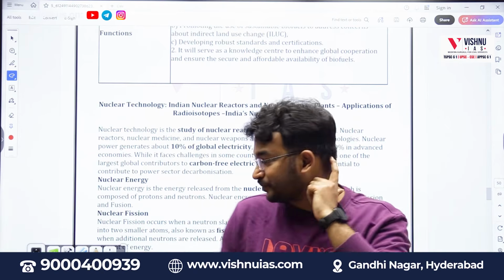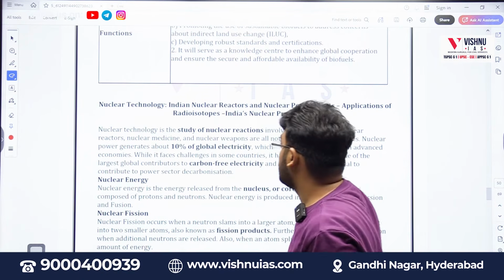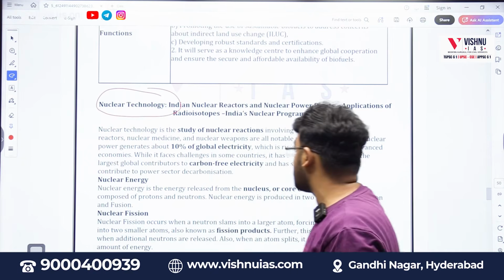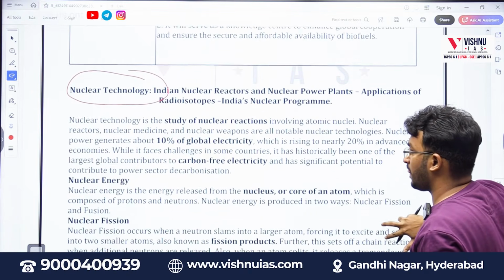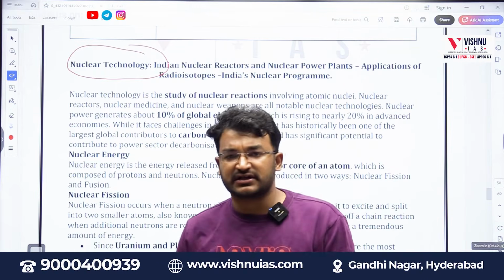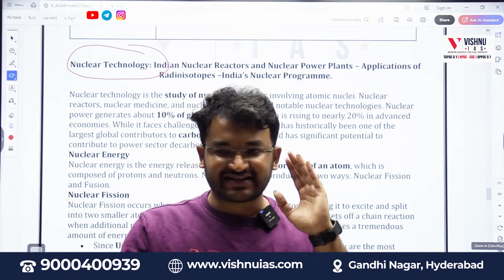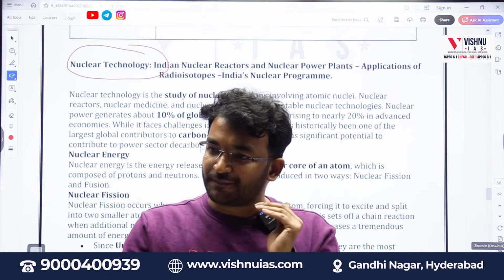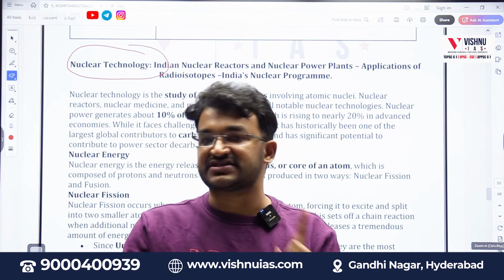So, the chapter which we are discussing is nuclear technology in the larger energy management chapter. Now, major ga, see, this nuclear technology, where we are using the study of nuclei inside the atom, has a number of applications in different domains, but the major application is nuclear energy.